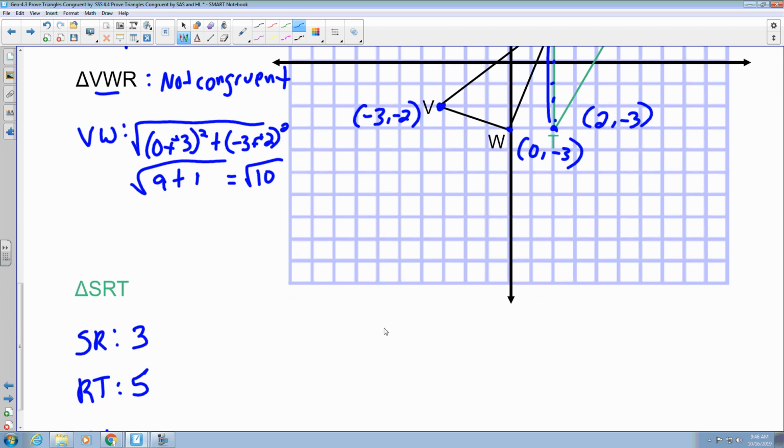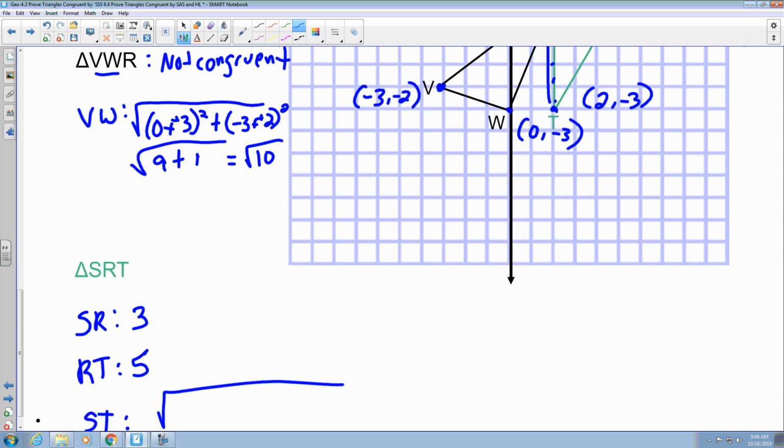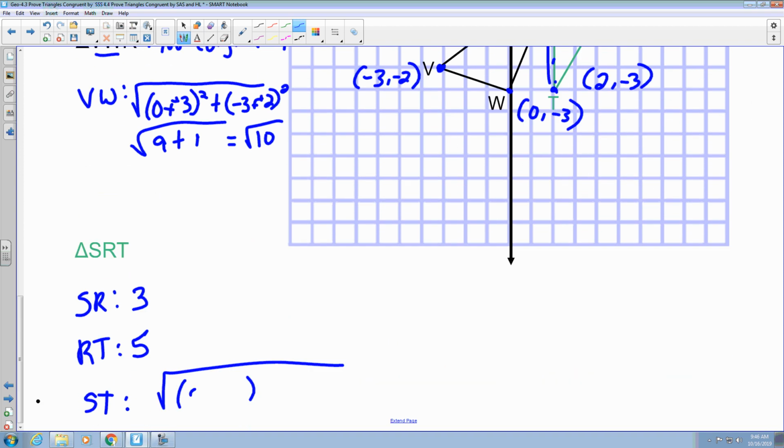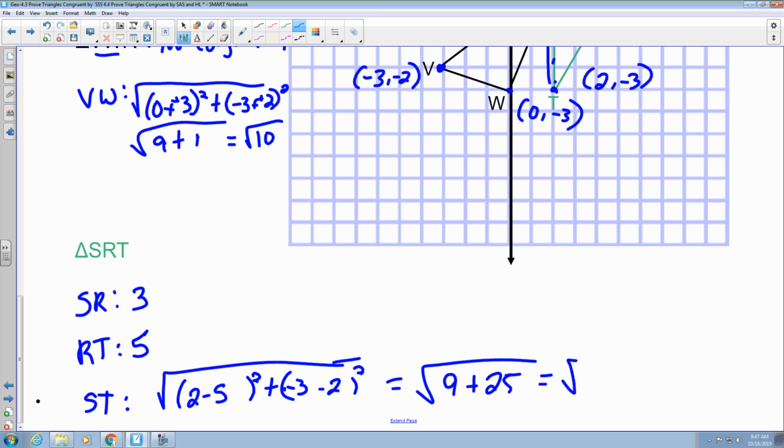So using that, we're going to have the square root of 2 minus 5 squared plus negative 3 minus 2 squared. So 2 minus 5 is negative 3, negative 3 squared is 9, plus negative 3 minus 2 is negative 5, negative 5 squared is 25, and we have the square root of 34.